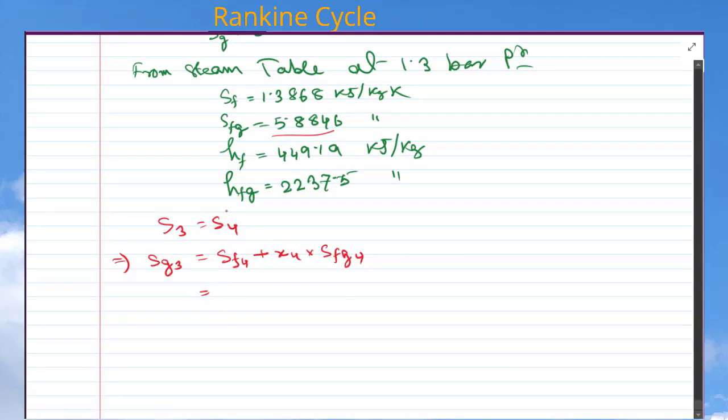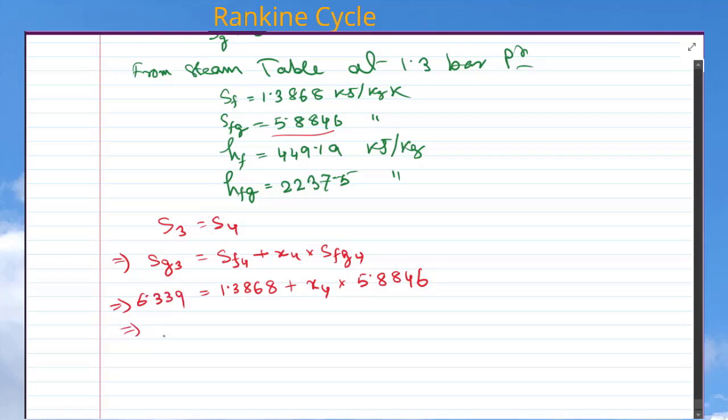The value Sf4 equals 1.3868 plus X4, which we have to find out, multiplied by Sfg equal to 846, and S3 we got was 6.339.